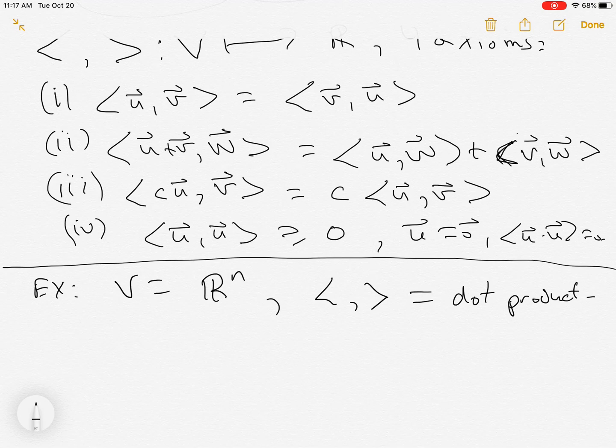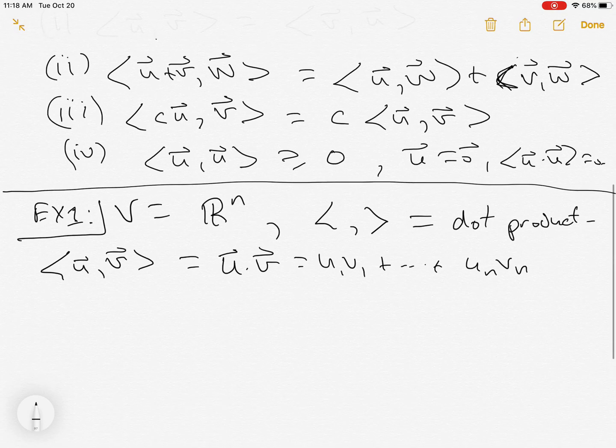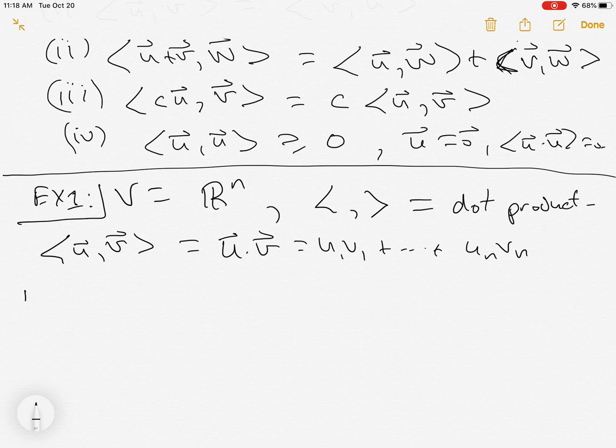So in other words, this is equal to u dot v, which is equal to u1 v1 plus up to un vn. All right, so this defines an inner product on Rn. This will be example 1. And we're going to build from that. We're going to see if we can't make our own inner product and test these 4 axioms.